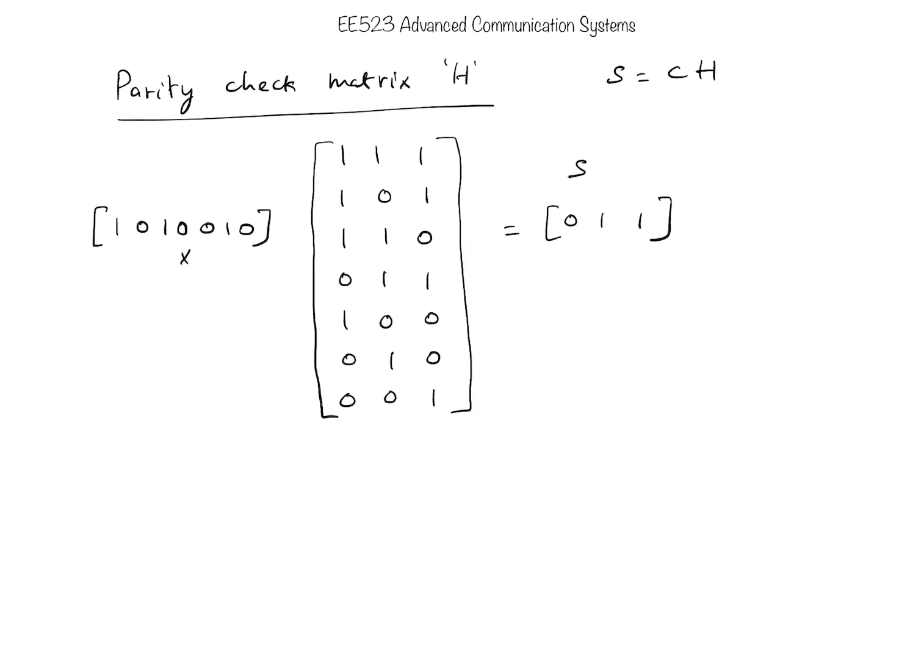And obviously the correction process is done by using a mapping table or a lookup table, right? So the lookup table, let me do that also. So we have a lookup table. The lookup table contains all the possible syndromes.